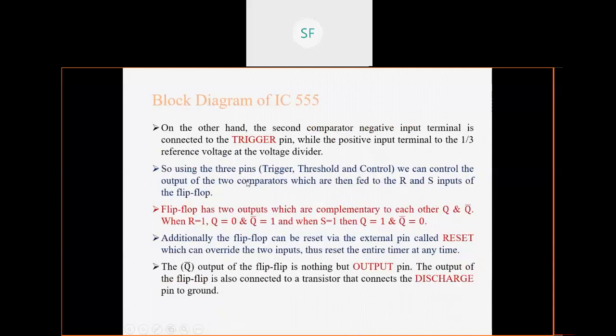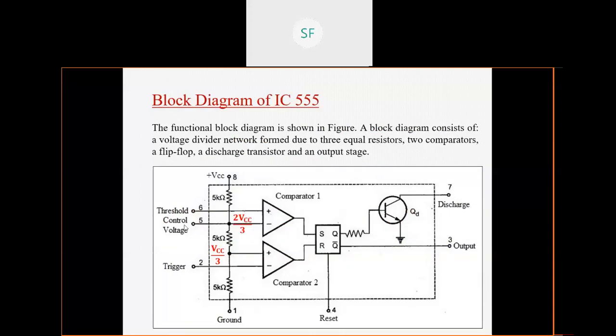Then there are again a few points. On the other hand, the second comparator negative input terminal is connected to trigger pin. So we will again go back to the block diagram. You can observe here, the negative pin of comparator 2 is connected to the trigger, right, and positive is connected to the VCC by 3.